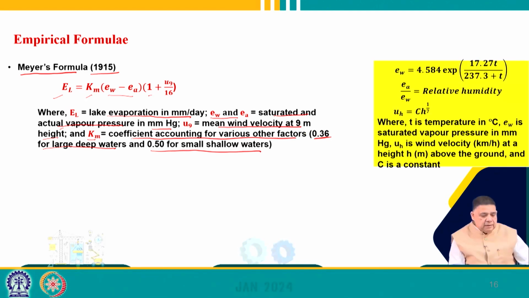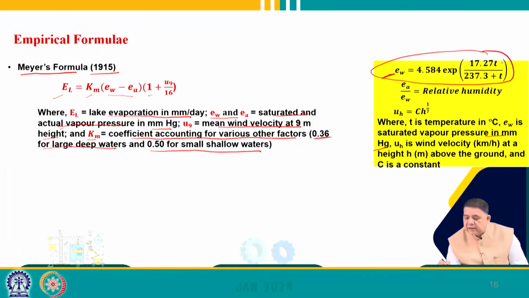Before going to the other formulae, we also have empirical relationships for estimating EW, that is the saturated vapor pressure. Saturated vapor pressure in millimeters of Hg can be obtained by using this relationship, which is a function of T. T is the water temperature in degree C. So, if you know the water temperature, you can find out the value of EW, and we also know that relative humidity is EA by EW.